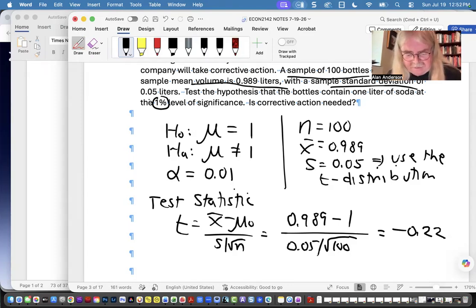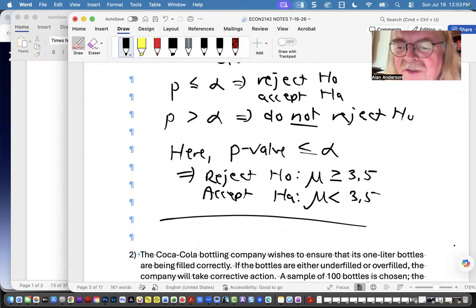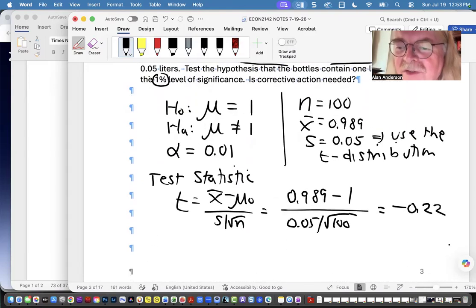Oh, wait a minute. I think I did something wrong. Oops, hold on one second. That's what I was afraid of. Sorry about that. It's negative 2.2. I made, of course, a typo in the calculator.